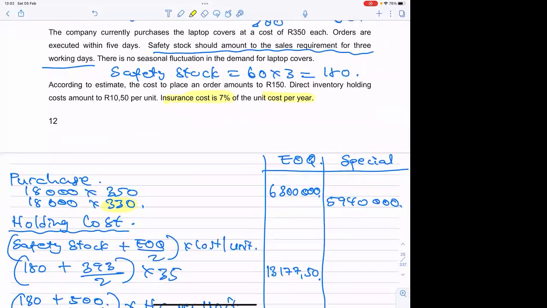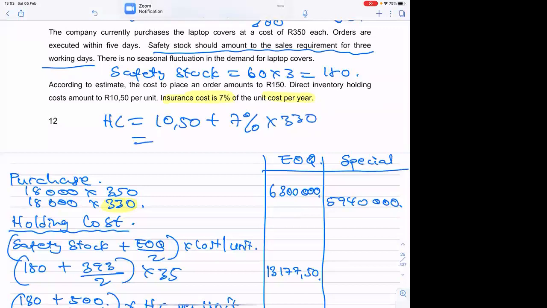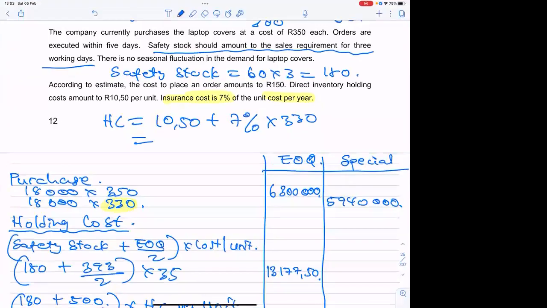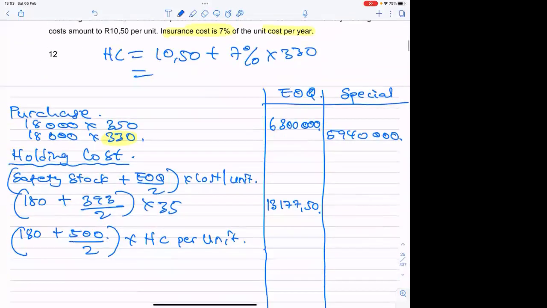So I can easily calculate my new holding cost: it will be 10.50 plus 7% of 330. So it will be 0.07 times 330 plus 10.5. How much are you getting? 33.60.